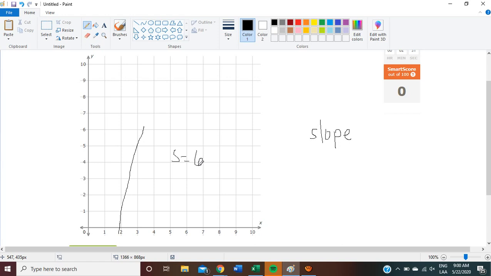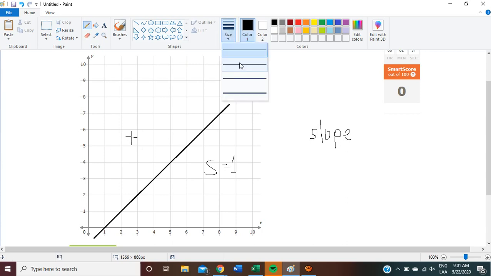Just to let you know, a slope that goes like this, that makes a 45 degrees angle, is going to be slope equals 1, and it is a positive slope. Just to mention that.